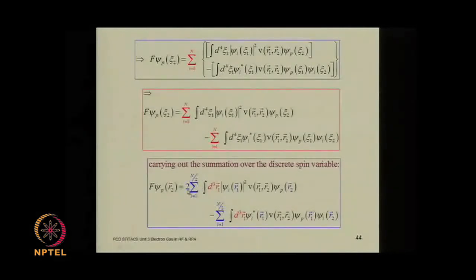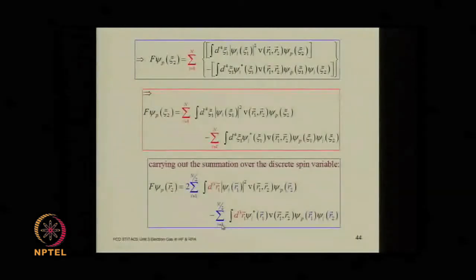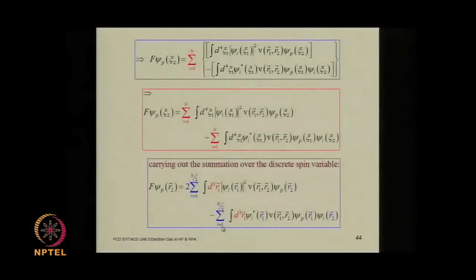This becomes twice summation I going from 1 through n by 2 for the Coulomb term. And for the exchange term it goes as summation over I going from 1 through n by 2, because all the components which are contributing to the summation with spin up and spin down, those will go to 0 because of the orthogonality when you carry out the summation.